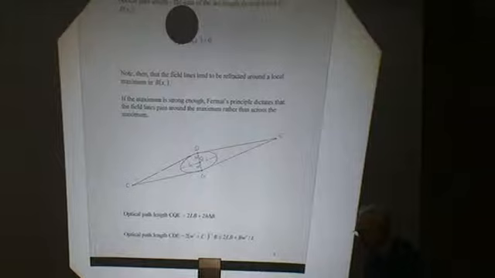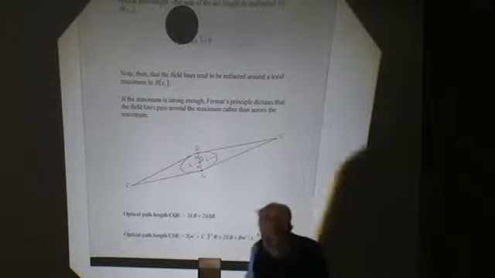If that gets to be too large, it is shorter, optically speaking, for the ray path to go around the side, and this way it avoids the larger index of refraction, but of course it's a longer distance. And if you work that out, assuming that w and h are small compared to L, you get 2LB plus Bw squared over L. So which is the path that it's going to take?